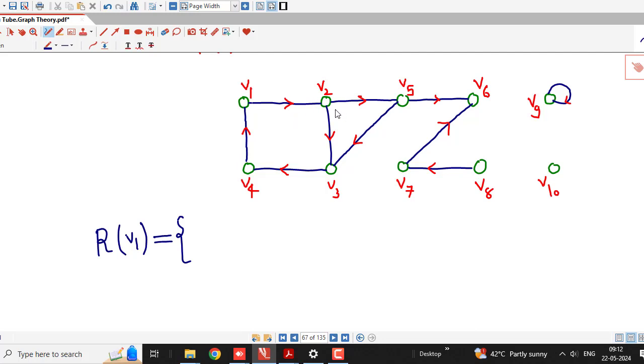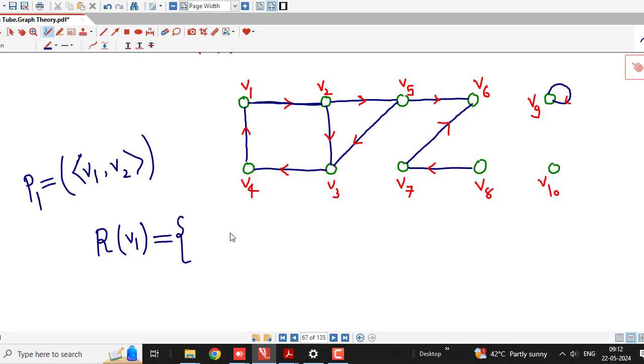Suppose we start with v2. If we consider this path, say p1, then p1 is a path from v1 to v2. Therefore v2 is reachable from v1.